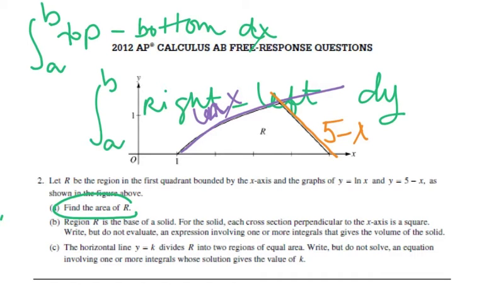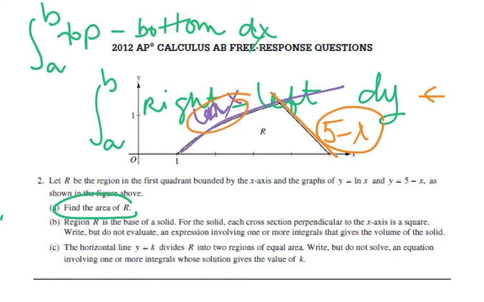So if we compare the natural log of x and the 5 minus x, we're not sure which one is on the top and which one is on the bottom, but we can tell right away this one is on the right and this one is on the left. So for this one, I would like to use the right minus the left, but this one in terms of y, so I need to solve for y for both, okay?